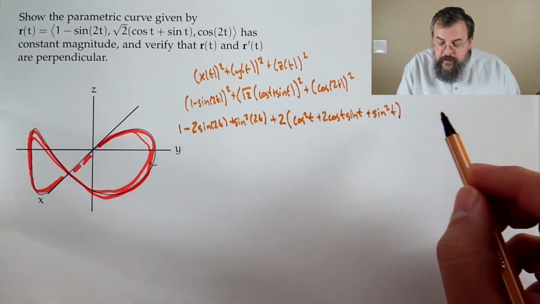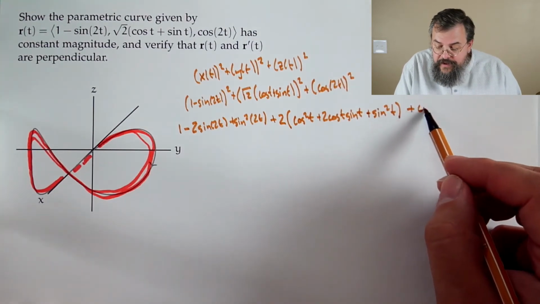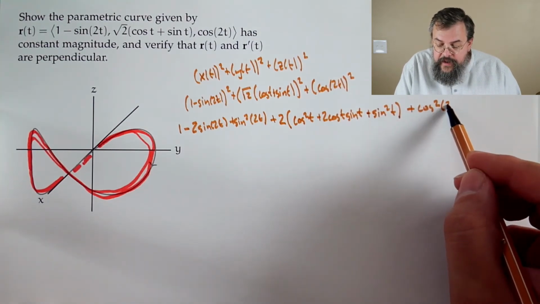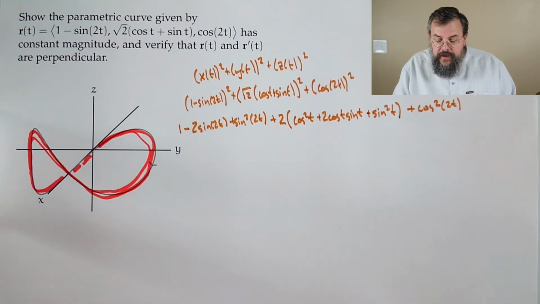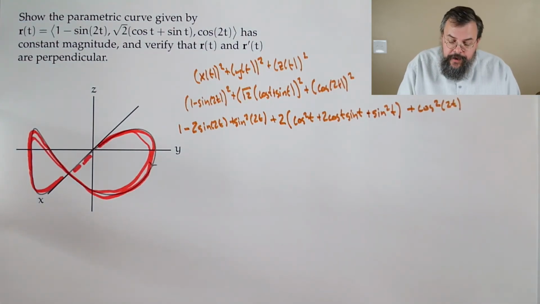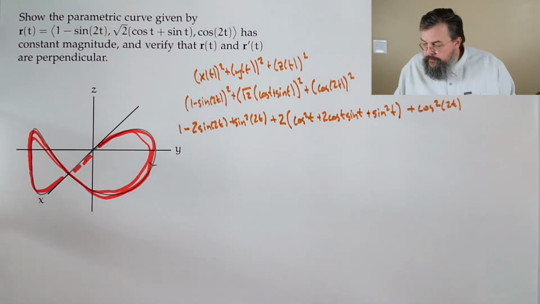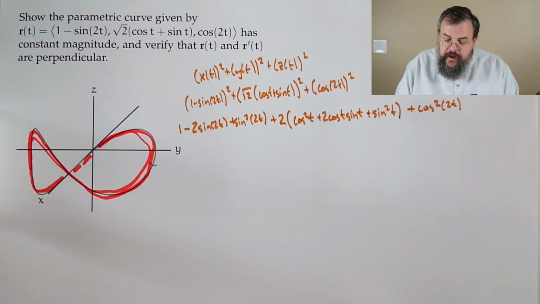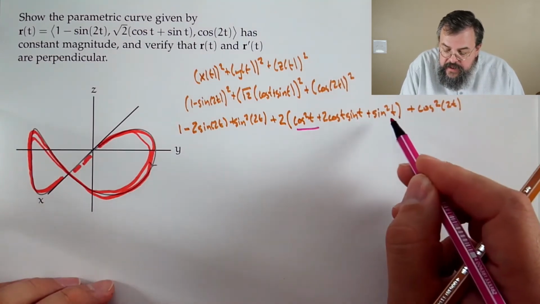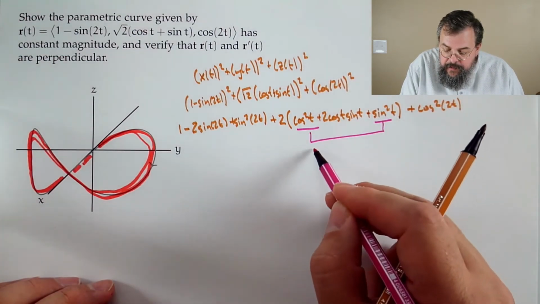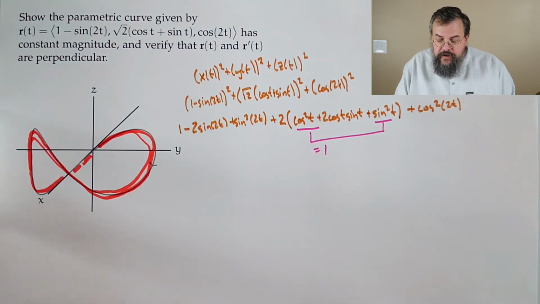Okay, and then the last term, that one's the easiest. Cosine squared. Okay, well, what's going on? Well, we see some things happen which are nice. We'll grab a different color here so we can mark. Cosine squared and sine squared, that'll be 1, which is great news for us. Woohoo! All right, well, what else?